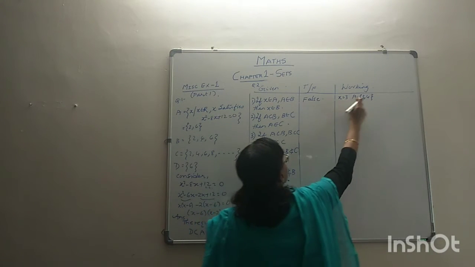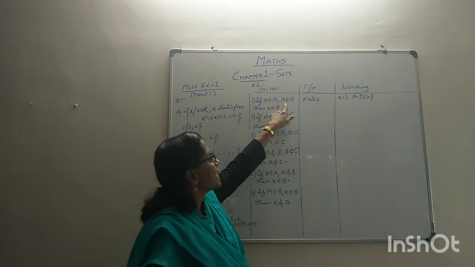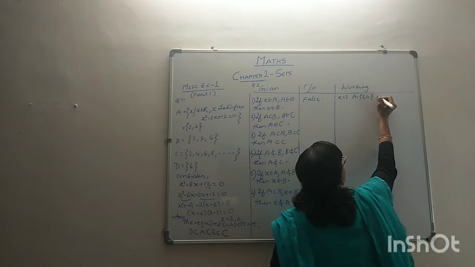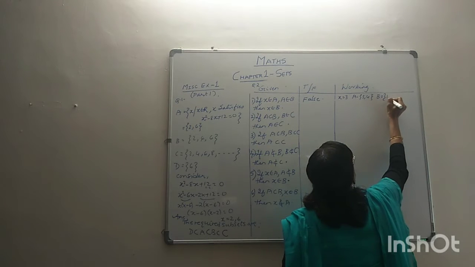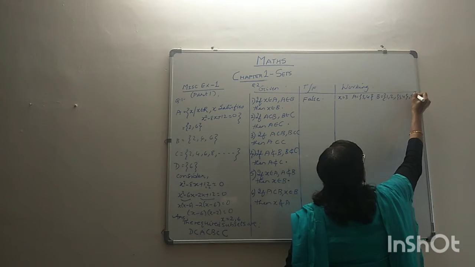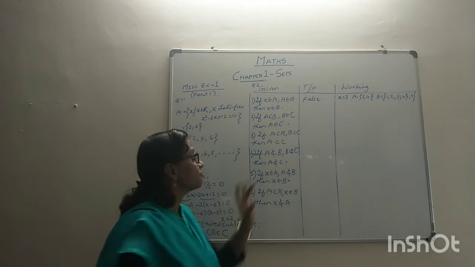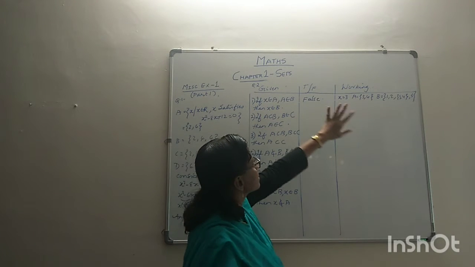Does X belong to A? Yes, X belongs to A. And A belongs to B. So let us define B: B is another set {1, 2, 3, 4, 5}. I hope you remember, this was done somewhere earlier in our exercise.